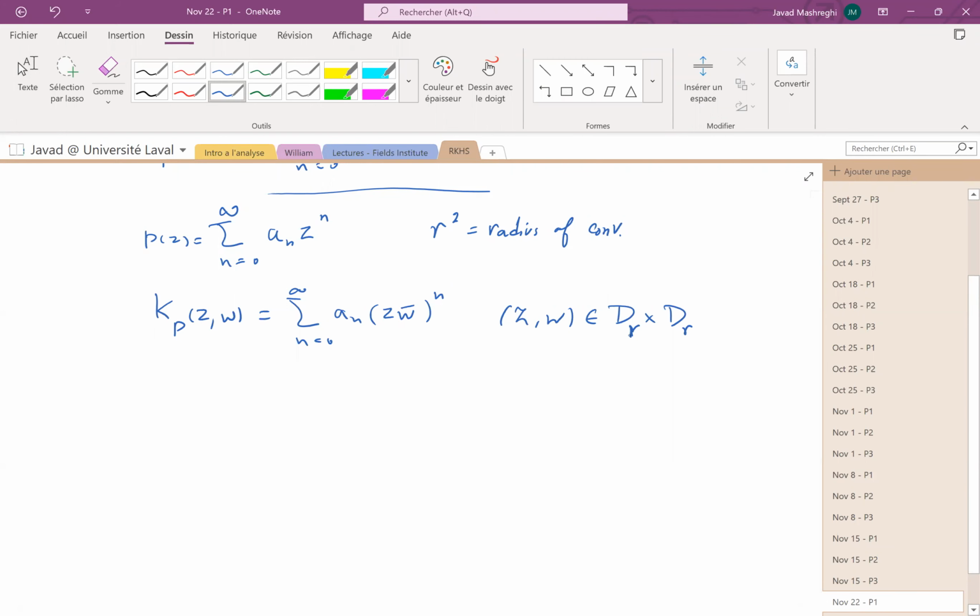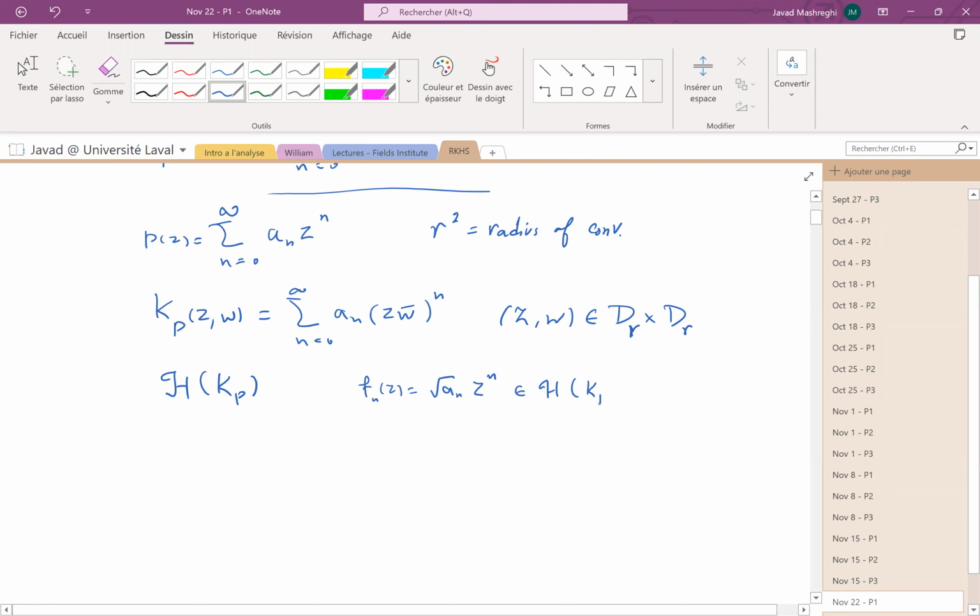And we also talked about the elements of H of K_P in this case. They are analytic functions on the disk. And if e_n(z) equals root a_n z^n, these are of course in H of K_P.